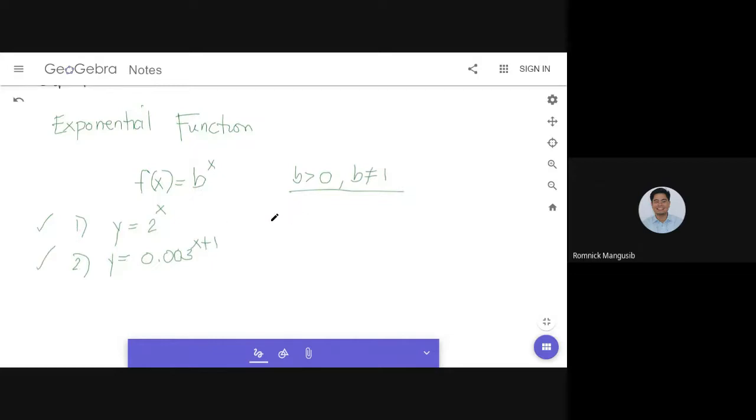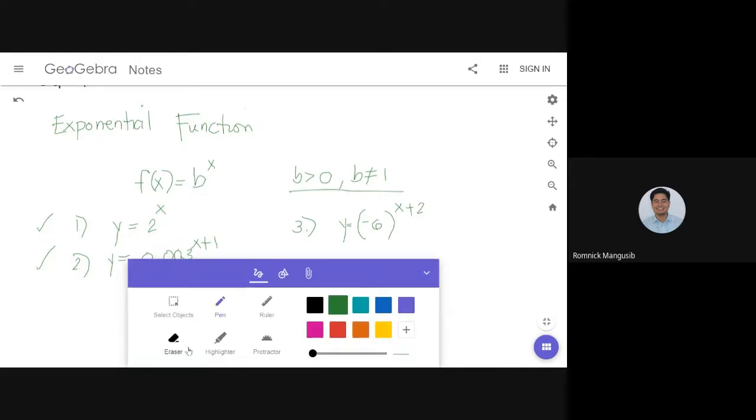So kailan natin ma-violate yan? Number 3, y is equal to negative 6 raised to x plus 2. Kapansin-pansin na nandun si negative 6, and what does the rule says? Because you have negative 6, and the rule says your b must be greater than 0 but not 1. And so this is not an exponential function.